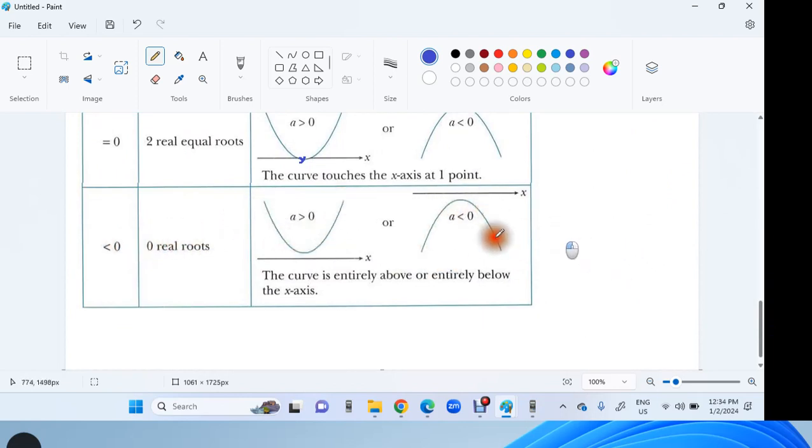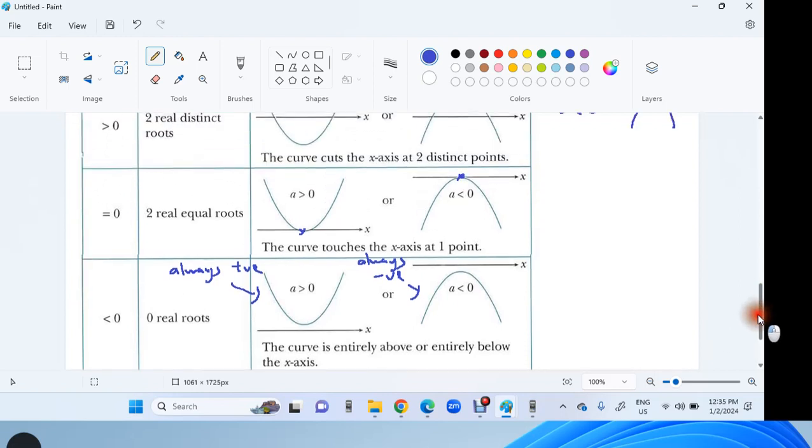Okay, it's something like this. This one, I call it always positive, because the value is always positive. And this one, I call it always negative, because all the values are always negative here. Okay, so the curve is entirely above or entirely below the x-axis.